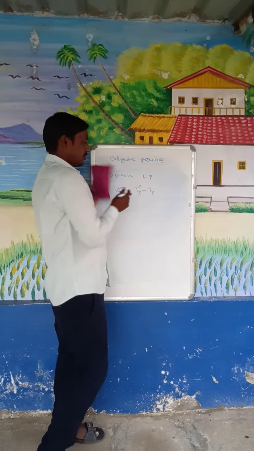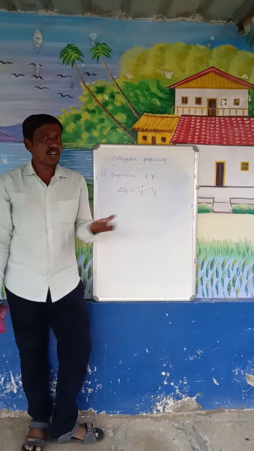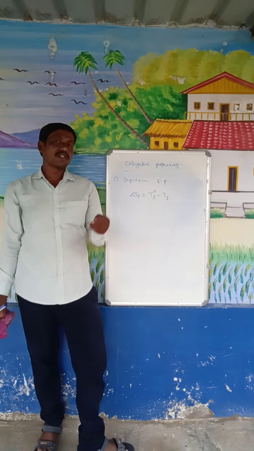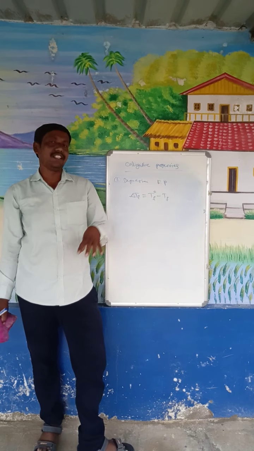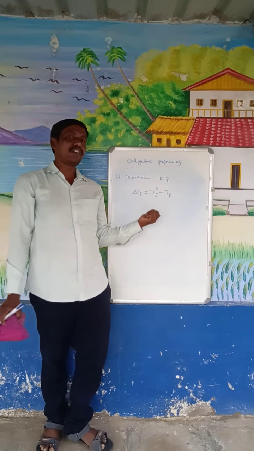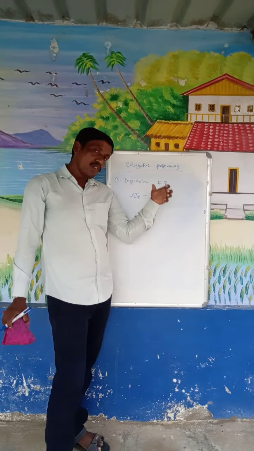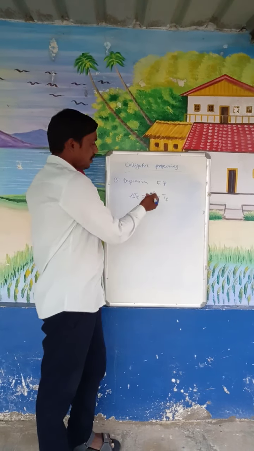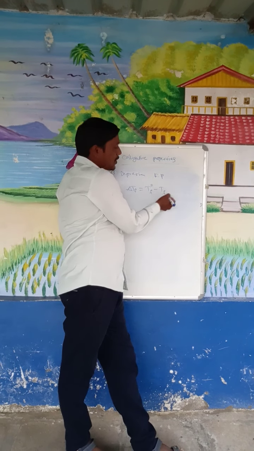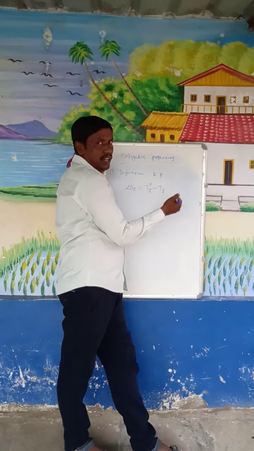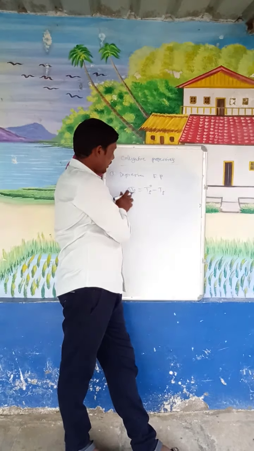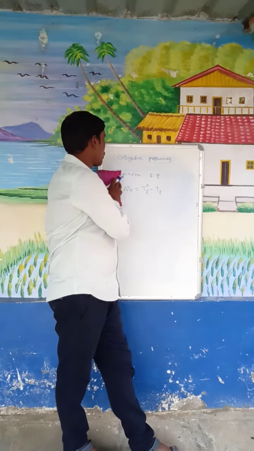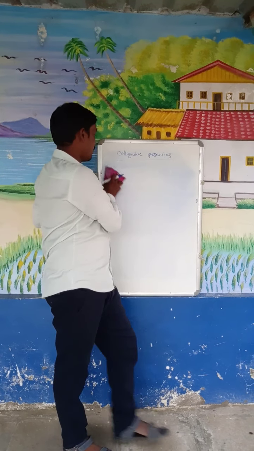For example, the freezing point of water is 0 degrees centigrade. When we add solute particles to the water, the freezing point decreases, to something like minus 4. That's why we write delta Tf equals Tf naught minus Tf. This is called depression of freezing point.